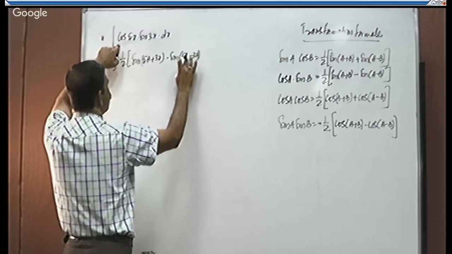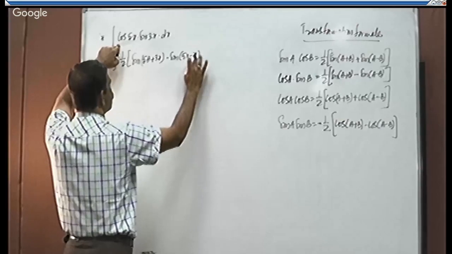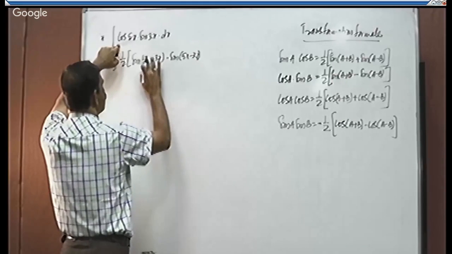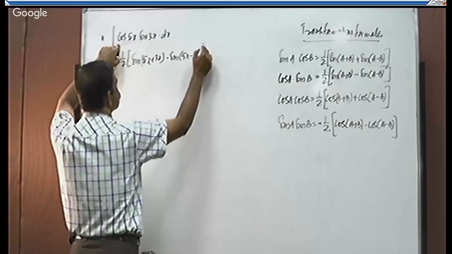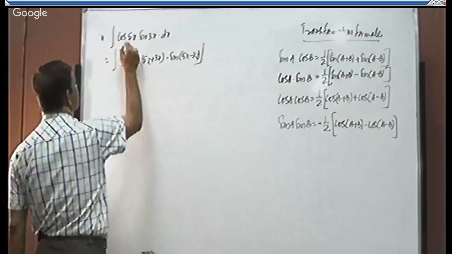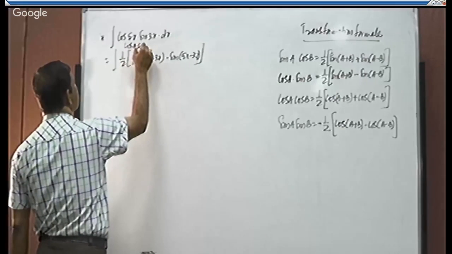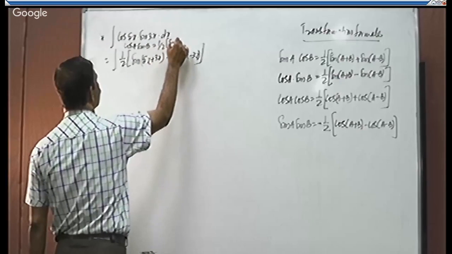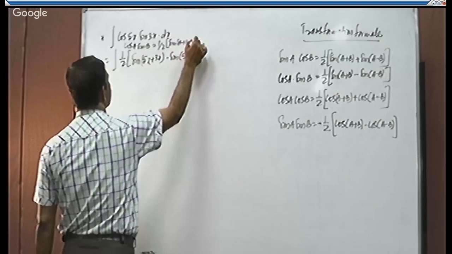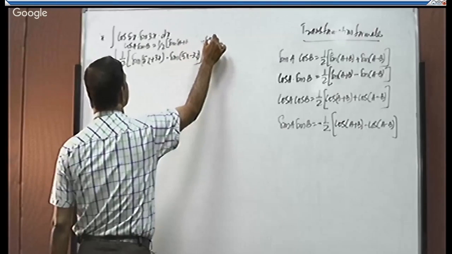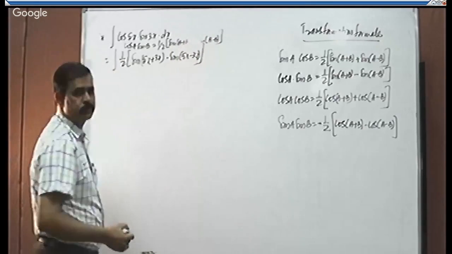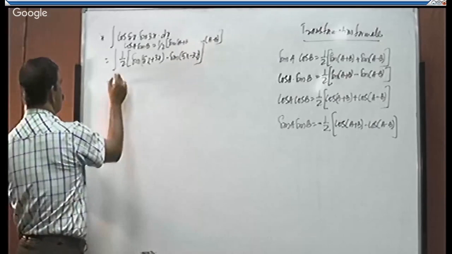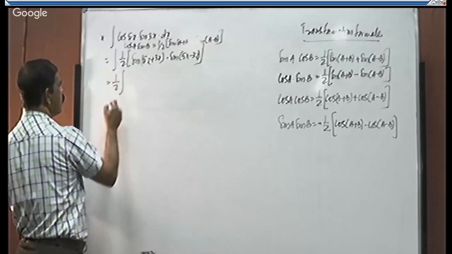Here we have x, correct? Use cos A sin B is equal to 1 by 2 into sine of A plus B minus sine of A minus B formula. Then 1 by 2 is taken outside the integral symbol.